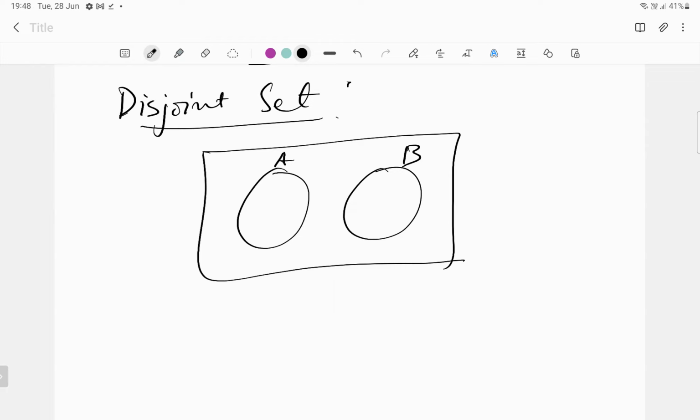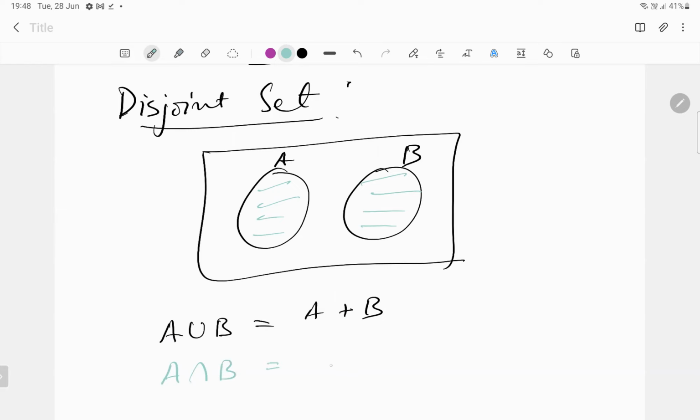What is this? Disjoint set. So A union B is what? How do you write A union B for this? A plus B. Yes, all the elements of this and this. A union B is that only, right? And what is A intersection B?